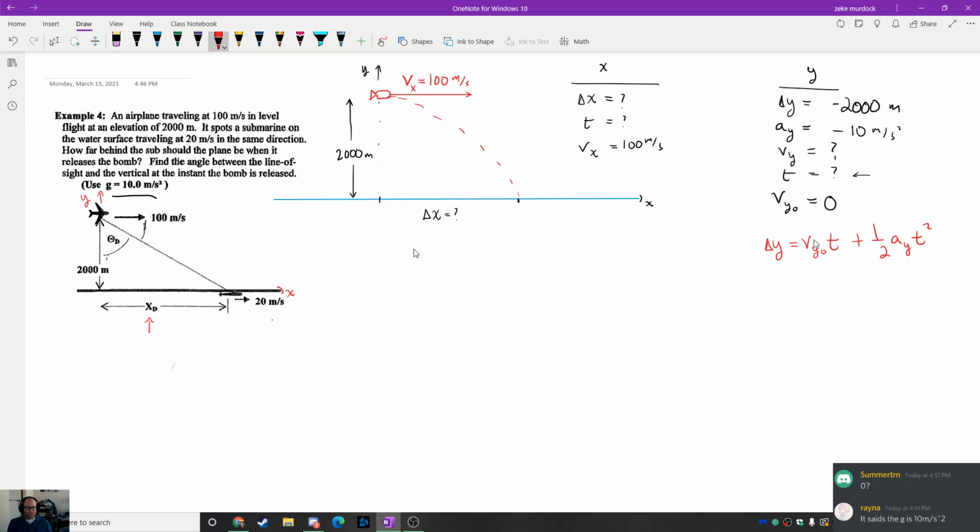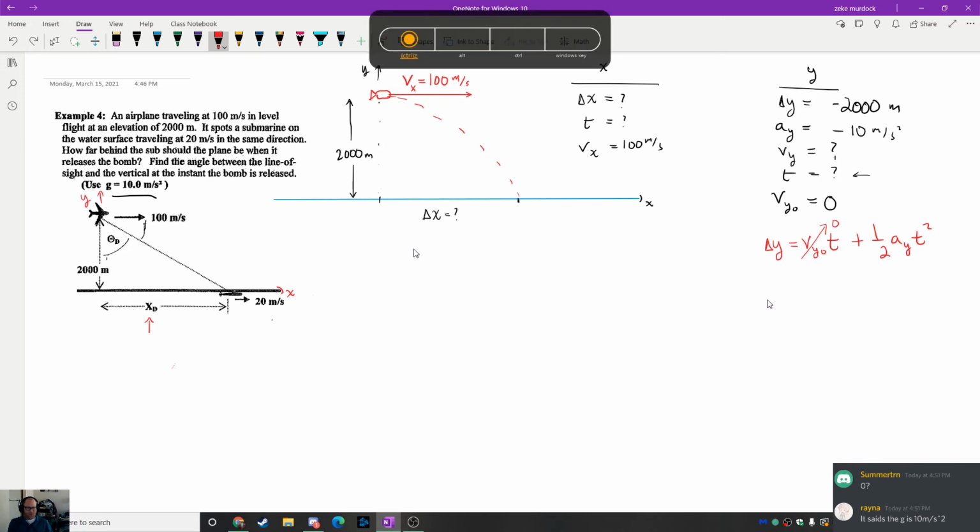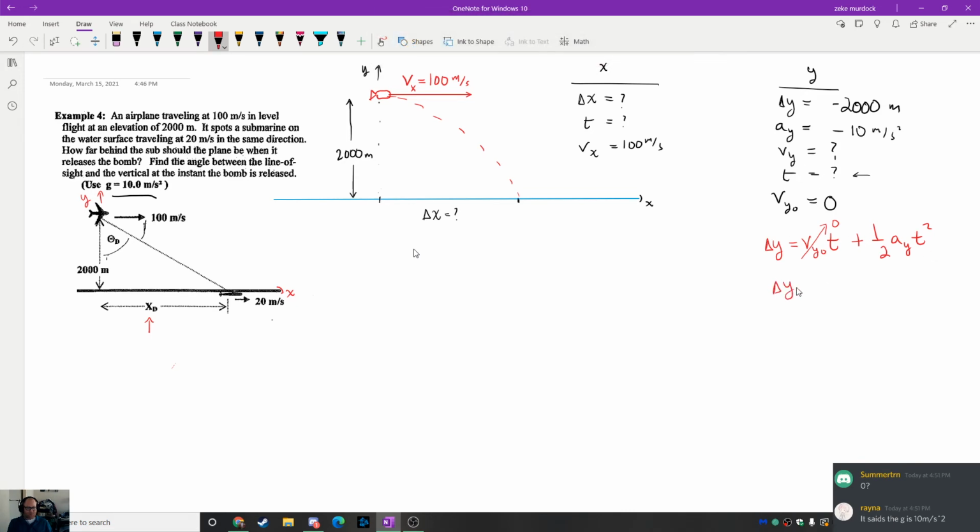So plugging in our numbers, we know that this is going to be 0, so all we really have is delta y. We're solving for time, so delta y is equal to 1/2 ay t squared. So it'll be the square root of 2 times delta y divided by ay, which gives us t.